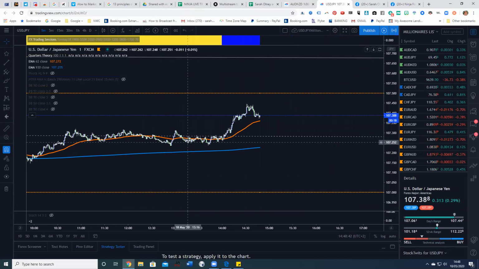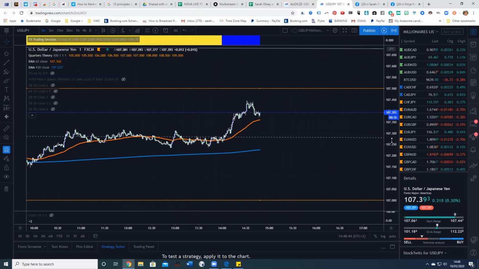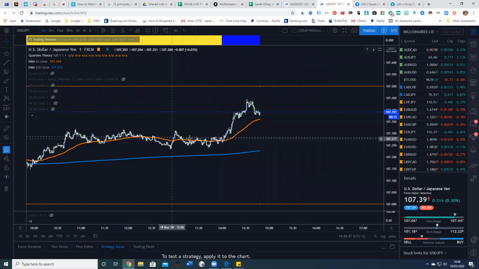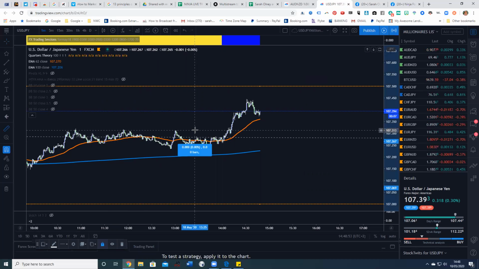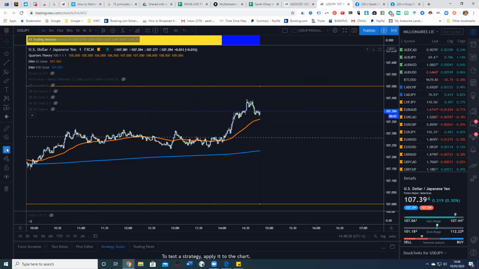No, nothing. And that's done the same thing again. It crossed over back there, but it hasn't done a big break and retest. I'm trying to get it off the pitchfork.